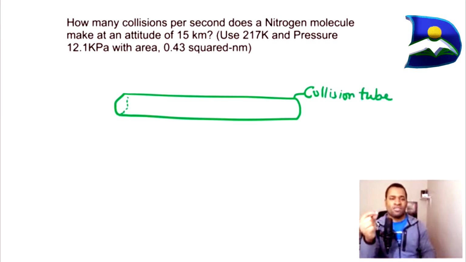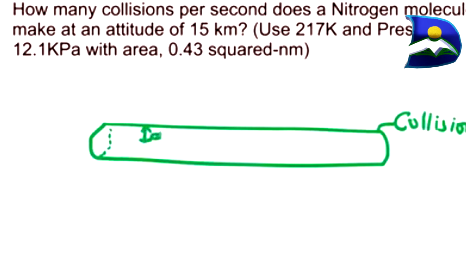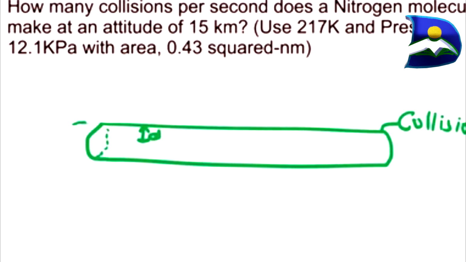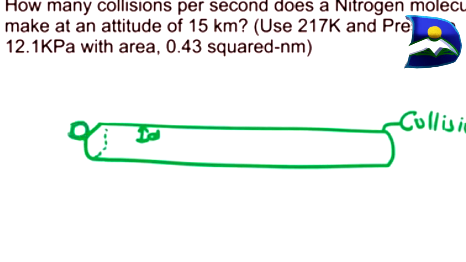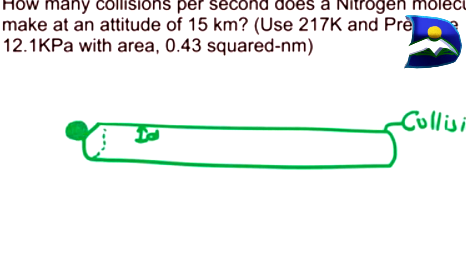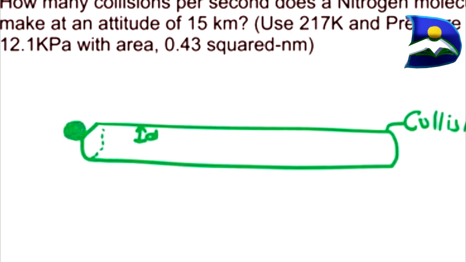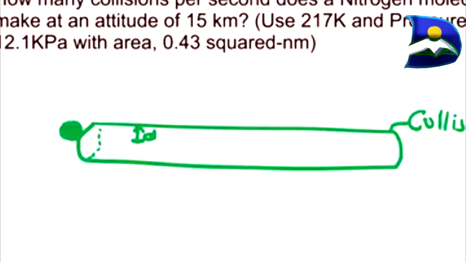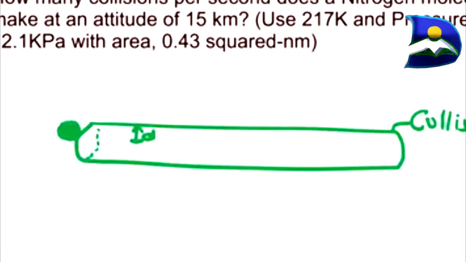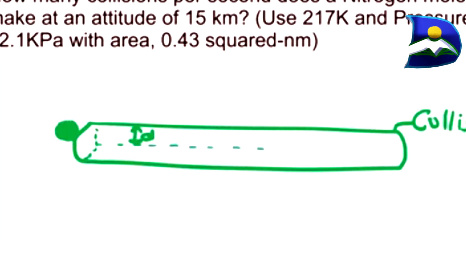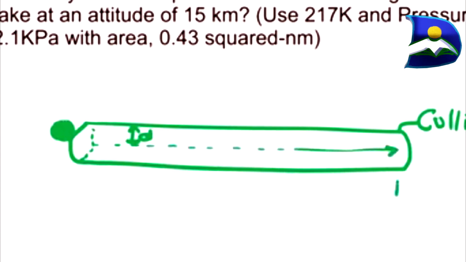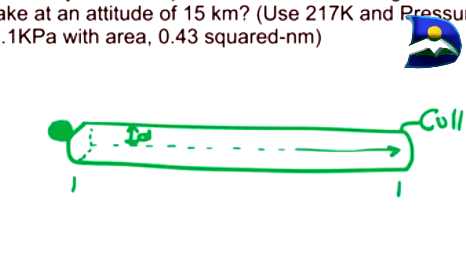One is that the radius, which is represented as d, is equal to the diameter of our particle. Our particle in this case is nitrogen gas, and it moves a specific distance that is the whole height of that cylindrical tube.